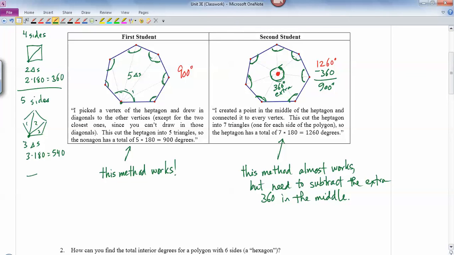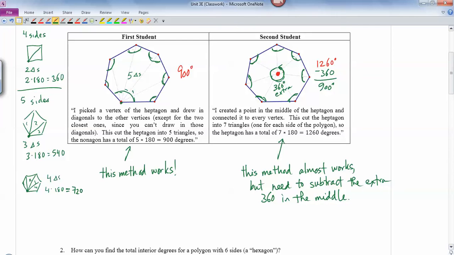If I did 6 sides, and I connect to everything, I get 4 triangles. So 4 times 180 degrees is 720 degrees.